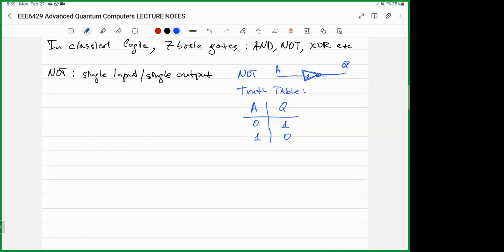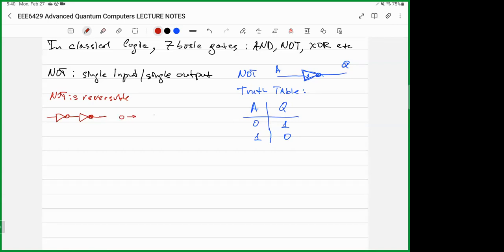A very important point to notice here is that this gate is reversible. So NOT is reversible. It means that if I take, for example, two of these gates, NOT 1, NOT 2, what will I get? I will get basically the identity.